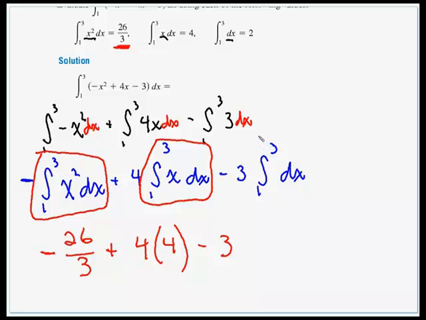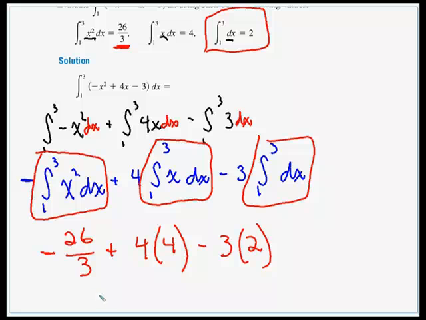Minus 3 times this integral from 1 to 3 of just dx, which is equal to 2. So what we have is negative 26 thirds plus 16 minus 6, and that all turns out to 4 thirds.